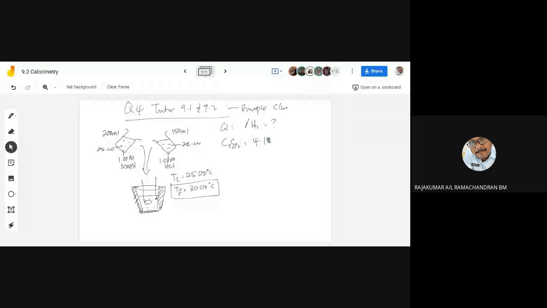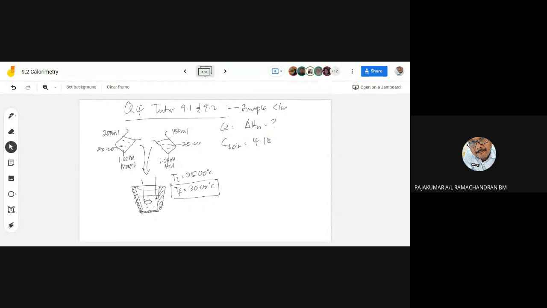And kalau kita perhatikan kedua-dua info ini untuk solution ni adalah sama dengan water, because water's density is 1 gram per milliliter. So now we are going to calculate the enthalpy of neutralization.